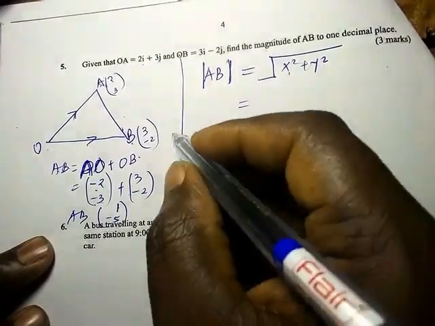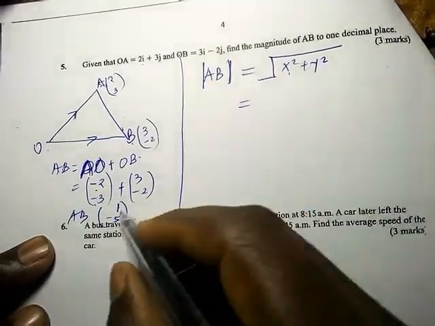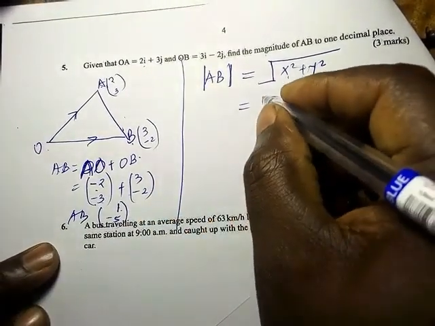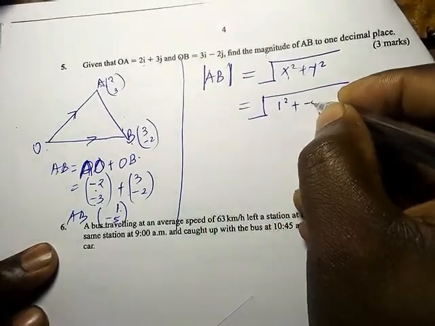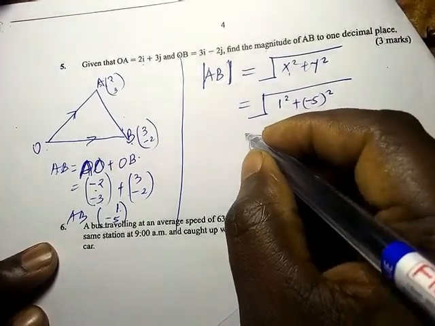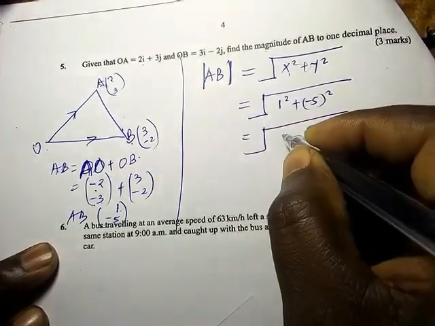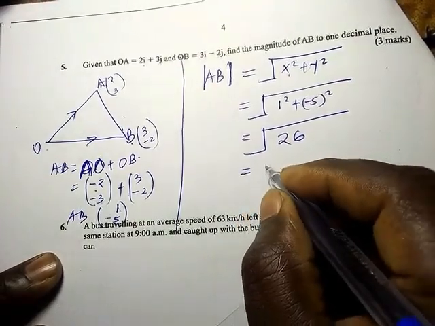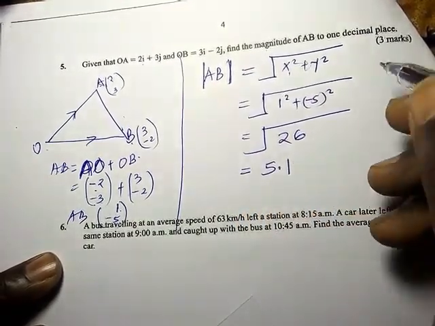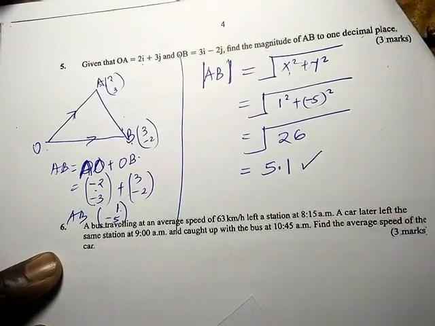Our x value is 1, our y value is -5. So we are going to have 1 squared plus (-5) squared, which is equal to the square root of 26. And this one is going to give us 5.1 to 1 decimal place.